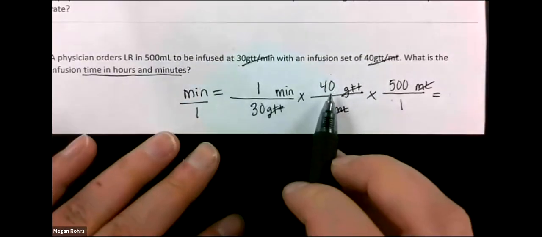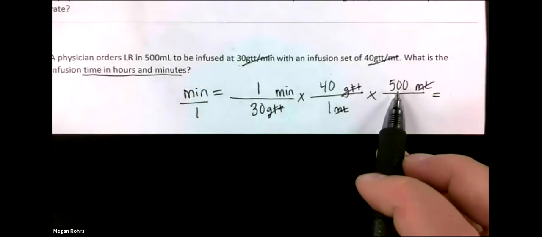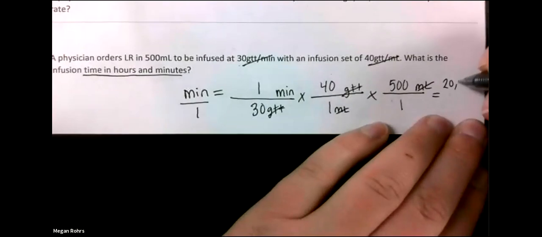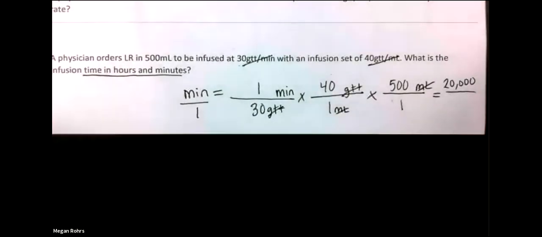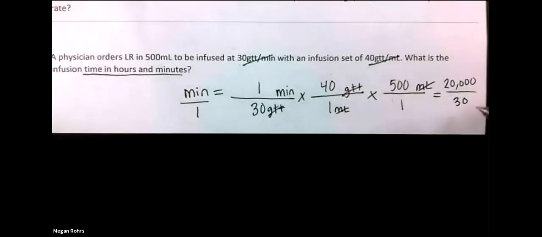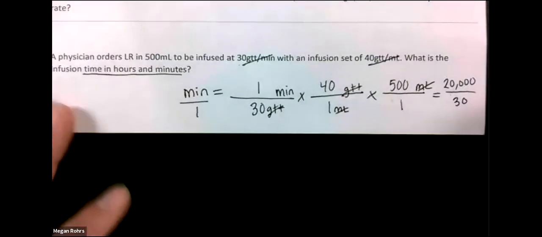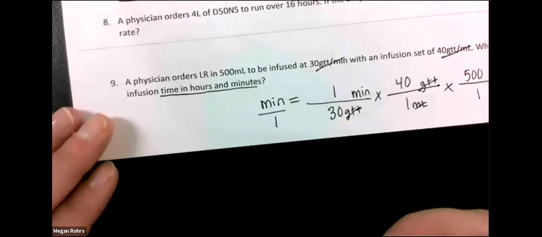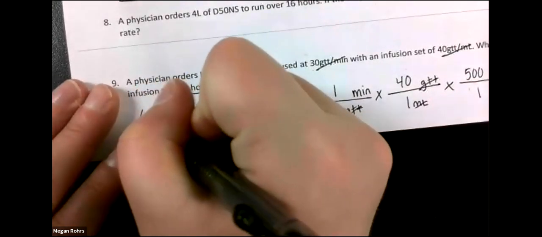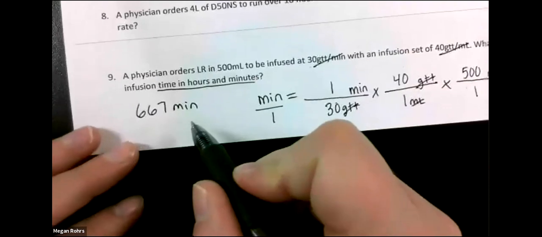So here we're going to take 40 times 500, which gives me 20,000. And then 30 times 1 is just 30. So 20,000 divided by 30. I'm going to round this to the nearest minute. I'm getting 667 minutes.